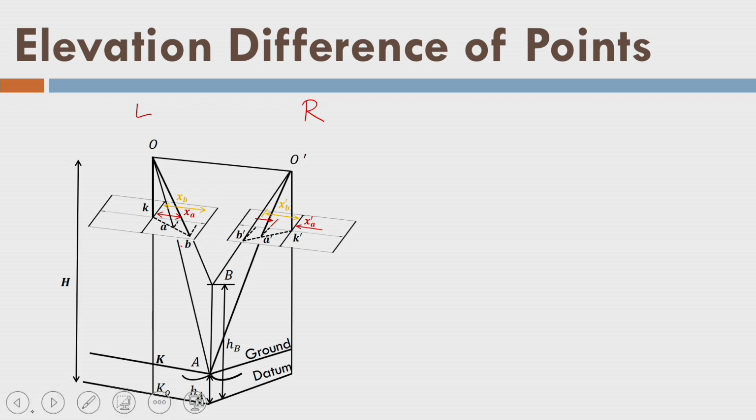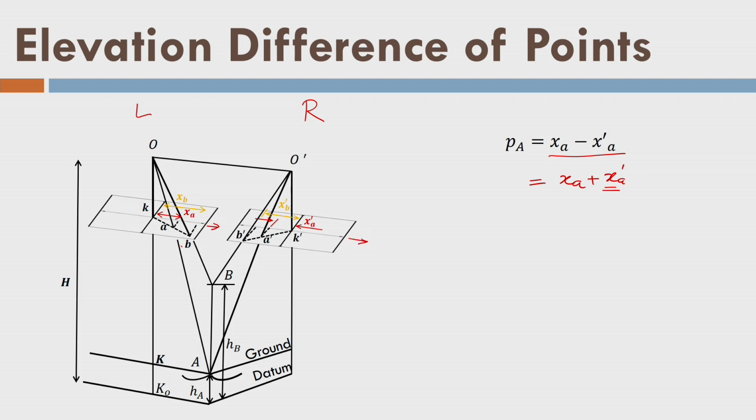So, now I can calculate my PA, it is this one. I am writing it in mathematical terms, not numerical terms. The moment I write algebraically, in this particular case, it will become XA plus XA dash, because XA dash is negative. If I take this direction as positive x, it will become negative here, right.